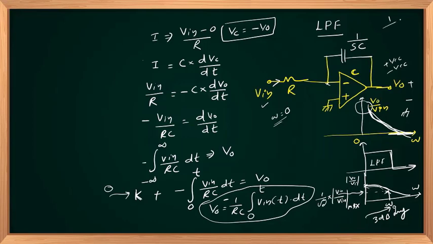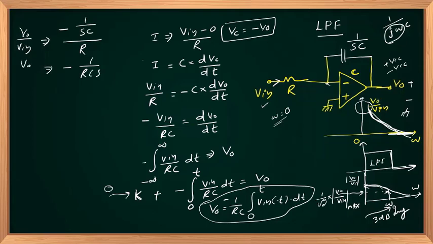We wrote it as 1 over j omega C. j omega is called S, so 1 over SC. It's an inverting amplifier, so the voltage gain V out by V in can be directly written with a negative sign due to the inversion. The feedback path impedance is 1 over SC upon the input side R. So it will give you minus 1 over RCS.